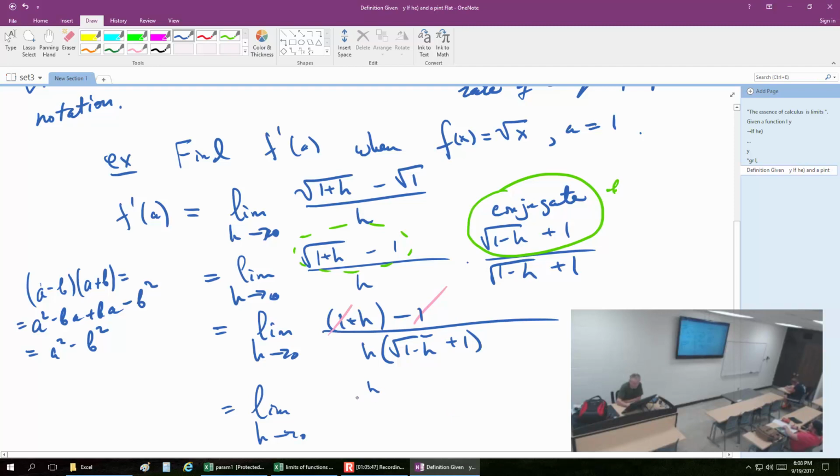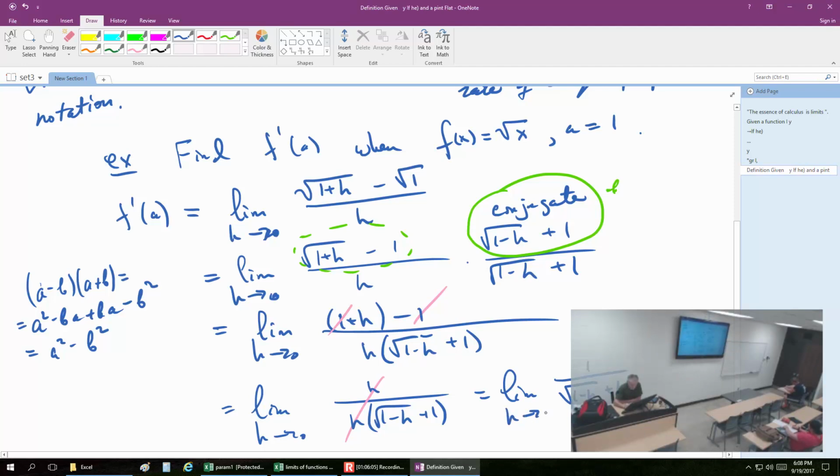So h over h times the square root of 1 plus h plus 1, and then I naturally cancel h, and I have my limit, which is now simplified.